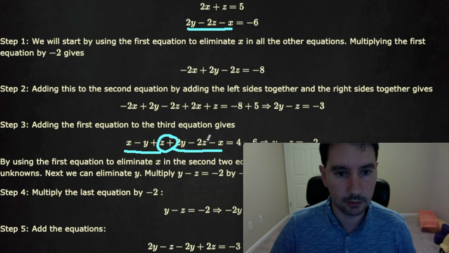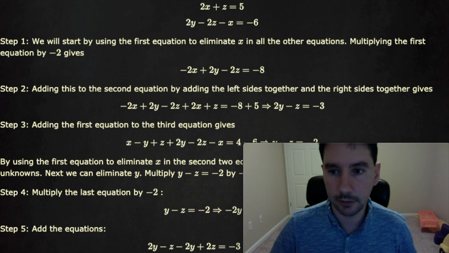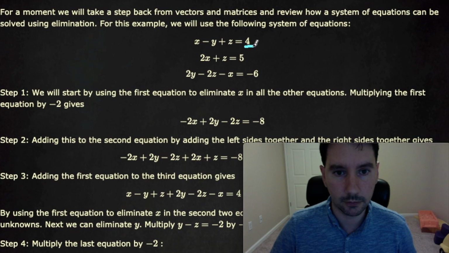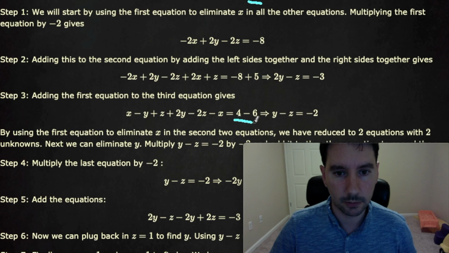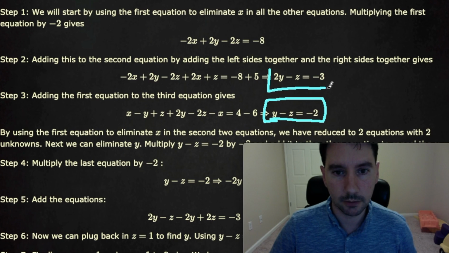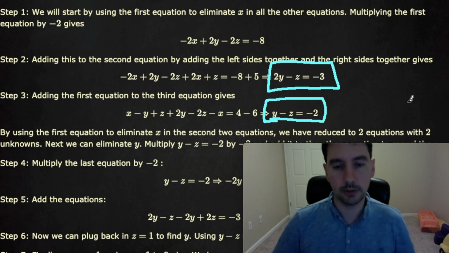We add the two left-hand sides, and that's equal to the sum of the two right-hand sides, 4 plus negative 6, or 4 minus 6. That leaves us with y minus z equals negative 2. So now we have two equations and two unknowns instead of three equations and three unknowns.